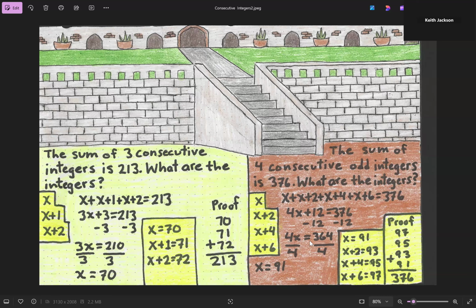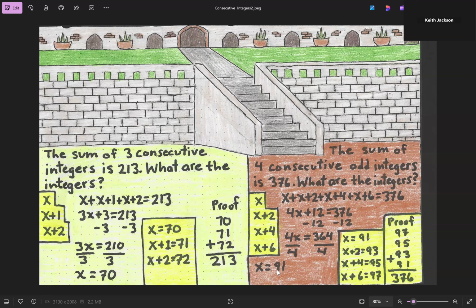Now in order to find x and isolate x, we're going to divide by the number that is next to x, which is 4. Dividing both sides of this equation by 4, 4 divided by 4 will just give us 1x or x. 364 divided by 4 will give us 91.